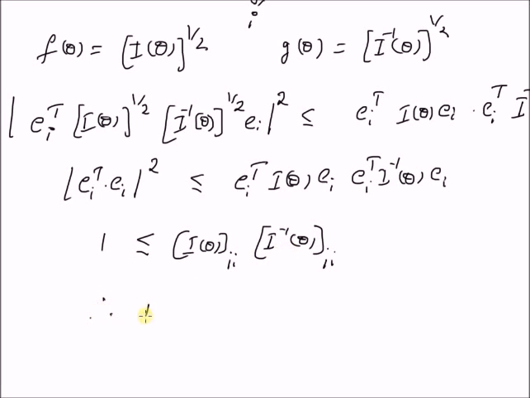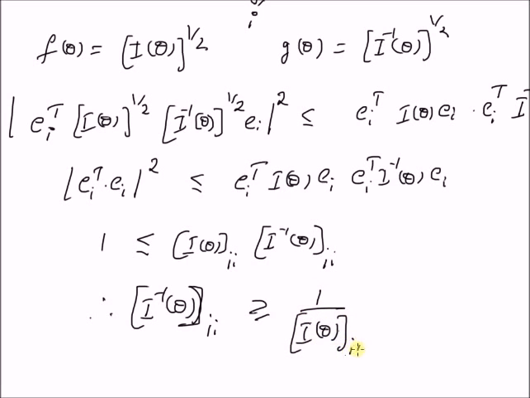Therefore we have the following result: the ith diagonal element of the inverse Fisher information matrix is clearly greater than or equal to the inverse of the ith diagonal element of the Fisher information matrix.